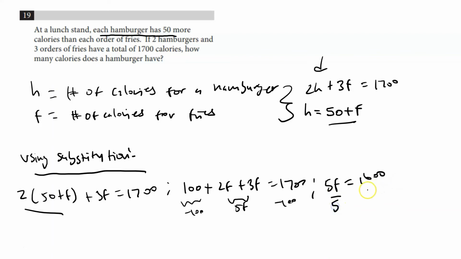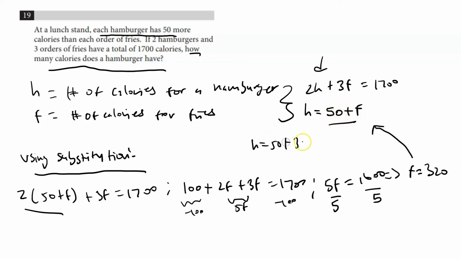If we divide by 5 on both sides, because we want to isolate f, we get that f equals 320 calories. But we want to find h because the question asks how many calories does a hamburger have? We just plug f equals 320 into this expression, and we have that h equals 50 plus 320, which is just 370 calories.